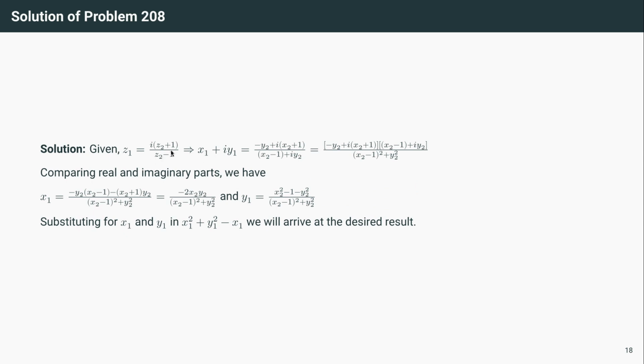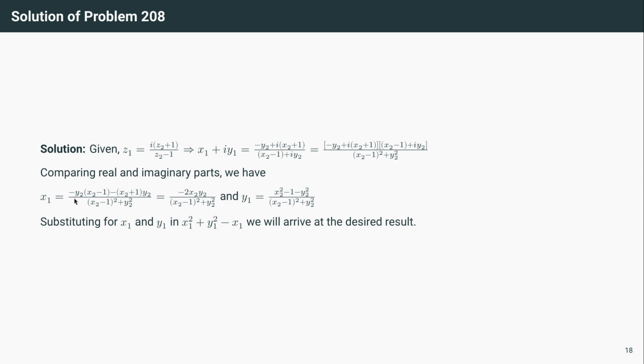So we substitute the values of z1 and z2. We have x1 + iy1 equal to (-y2 + i(x2 + 1))/(x2 - 1 + iy2). We rationalize the denominator, that is, we multiply and divide by x2 - 1 - iy2. From this, we compare the real and imaginary parts.